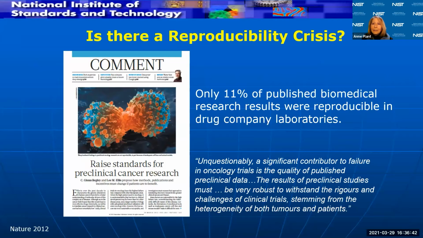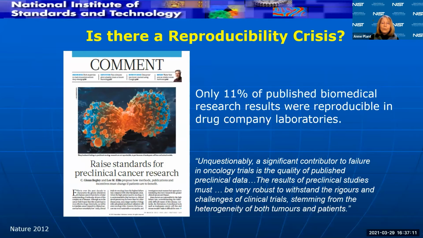In both cases, the studies that they were trying to replicate were published in very high-end journals. They were breakthrough discoveries and observations. And then it turned out that a very small percentage of those studies were reproducible in the hands of the pharmaceutical companies that were trying to further that research.